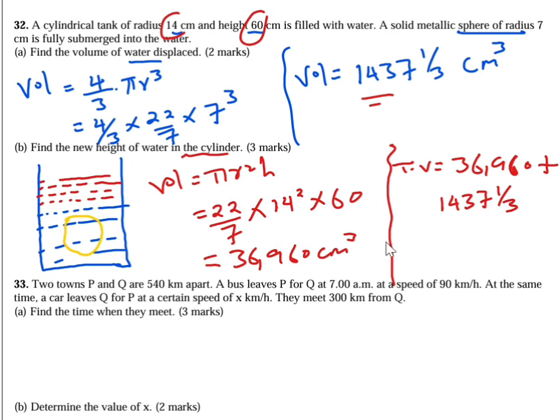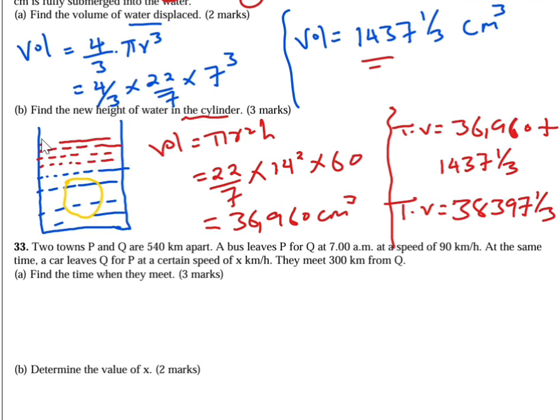So what is the total volume? You get 38,397 and 1/3. That is the total volume in this cylinder.